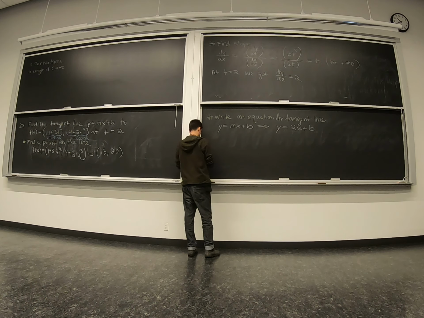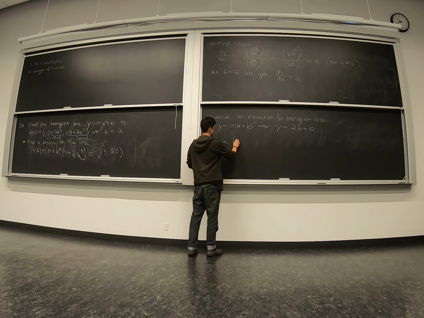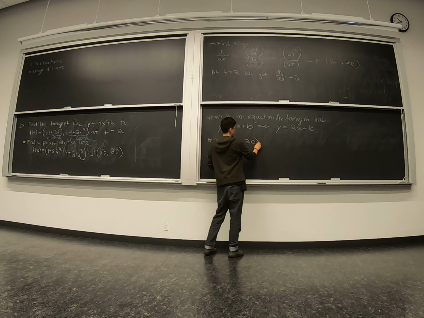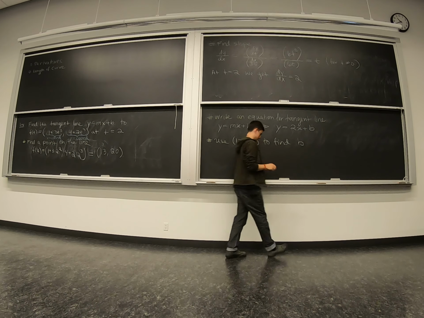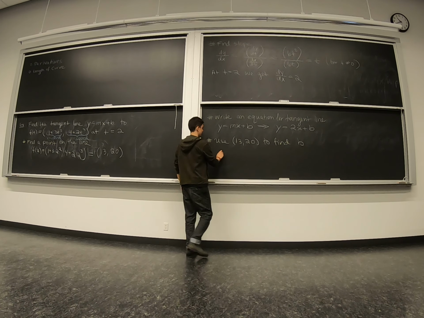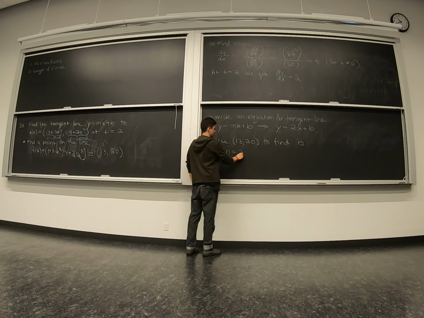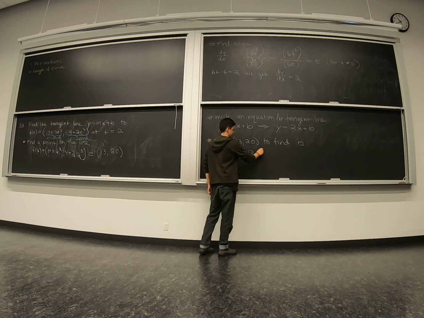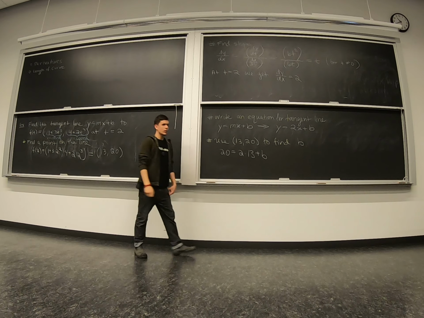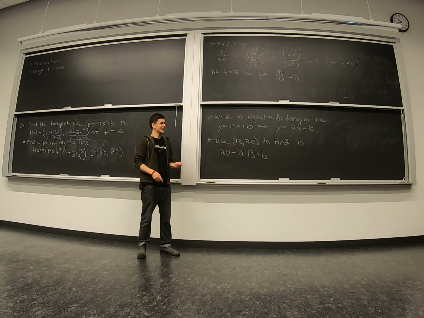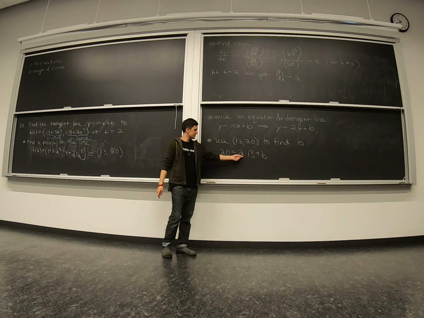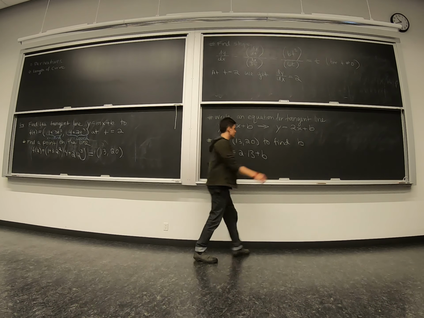Okay. Right, so we've got 20 is 26 plus b, tells us b is -6.